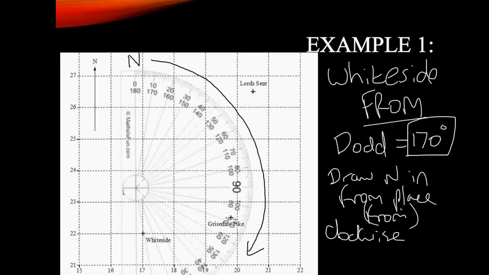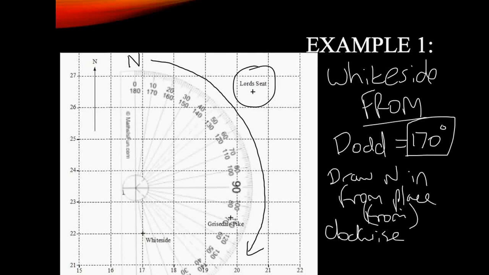Now if we were doing another point, let's say we were going from Dodd to Lord's Seat. You can see Lord's Seat's up here. Again, what we would do is draw a line going up from Dodd to Lord's Seat. And again, this time we can see we're measuring around clockwise from north.